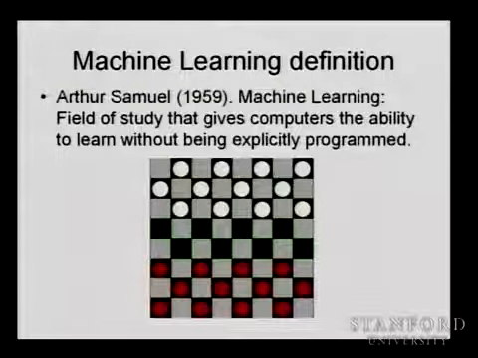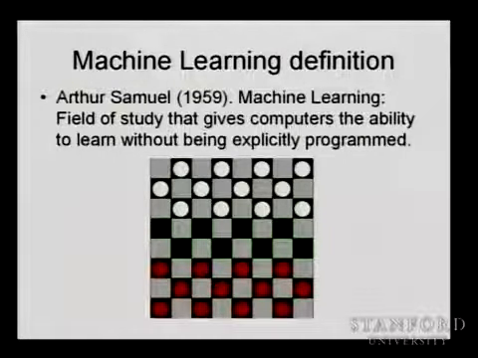Because a computer can play thousands of games against itself relatively quickly, over time it would start to learn to recognize patterns which led to wins and patterns which led to losses.